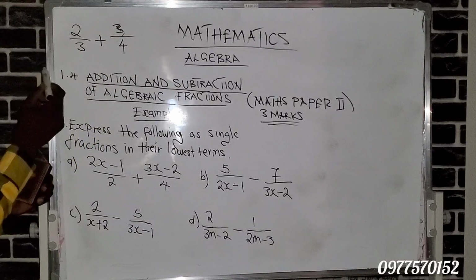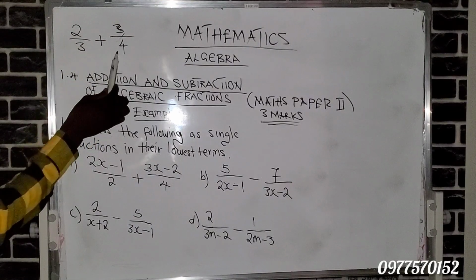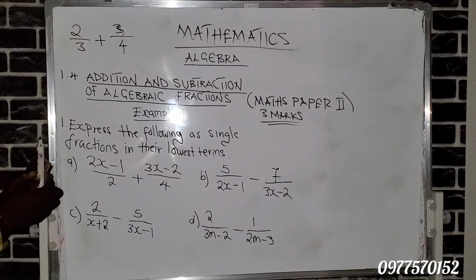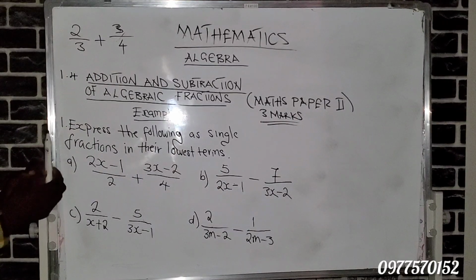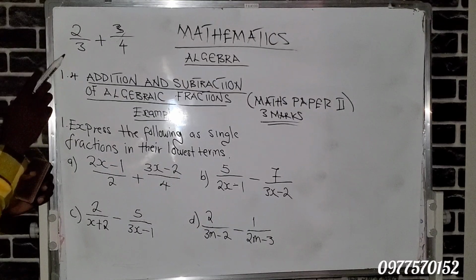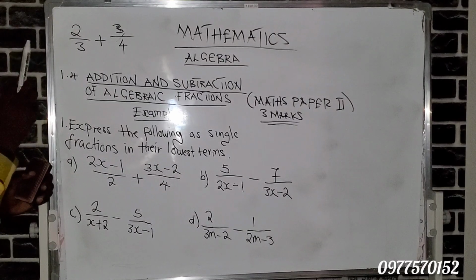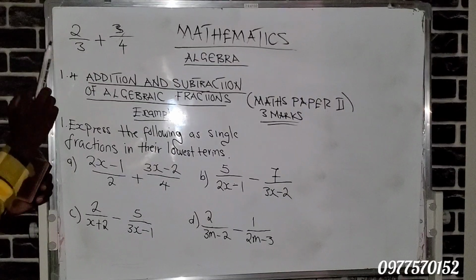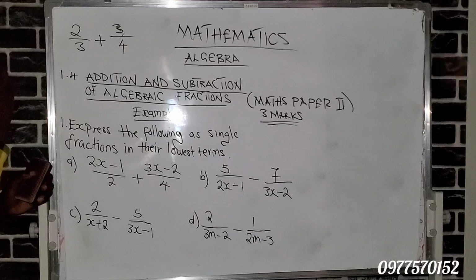To solve this one, you would first find the lowest common multiple of 3 and 4. A multiple is a number in which the 2 or 3 numbers can go without leaving a remainder.